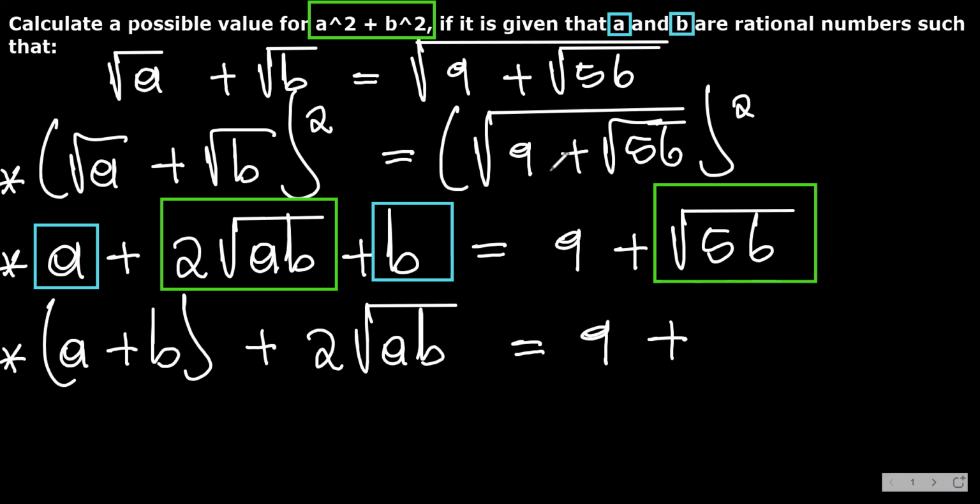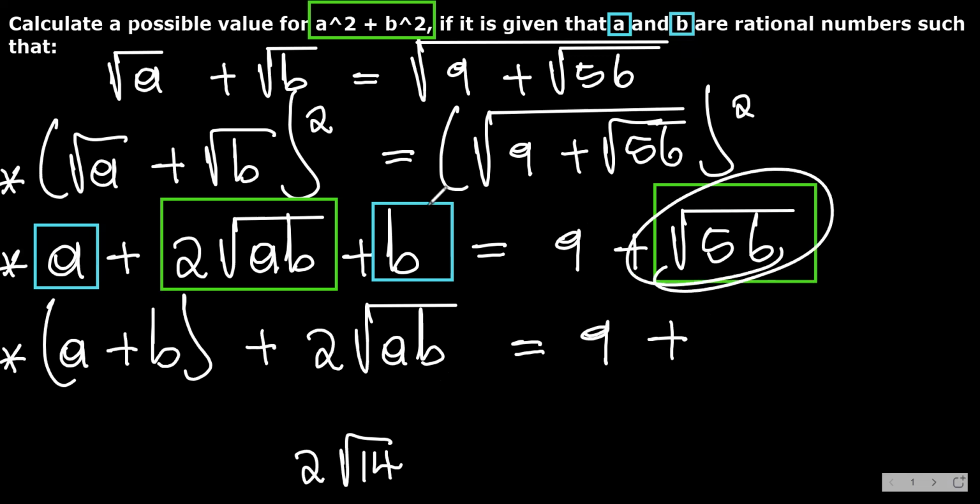How can we rewrite the square root of 56? Let's go to the calculator and say square root 56. We get 2 square root 14. Yes, that's how we can rewrite the square root of 56.